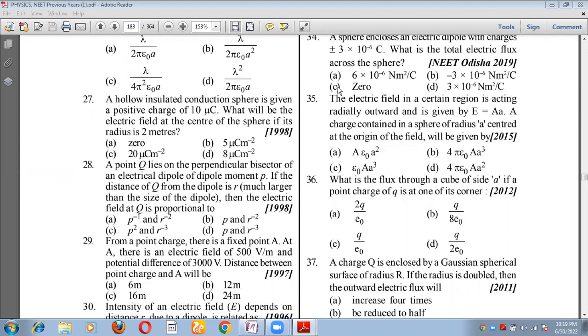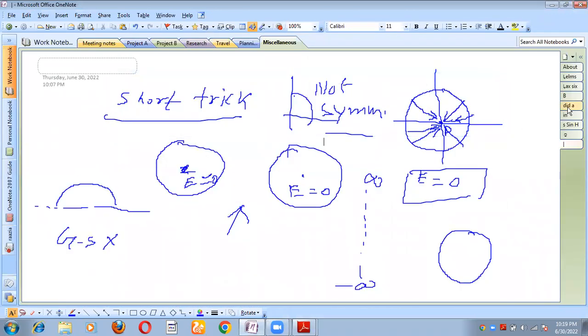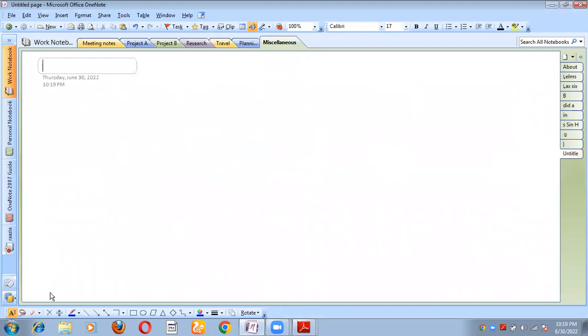Let us see. We have a dipole, and this is the equatorial position. There is a point P here.